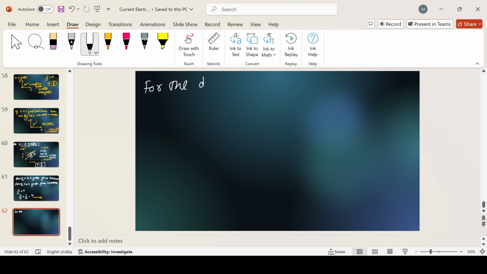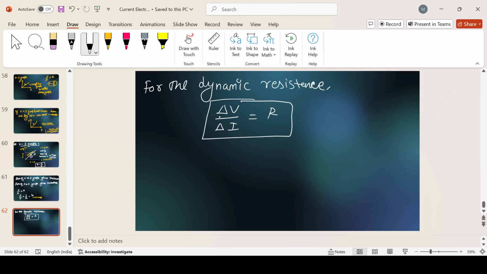For the dynamic resistance, dynamic meaning whose value is changing, we write delta V upon delta I equals R. Delta V and delta I mean change in voltage upon change in current. Got it, everyone?